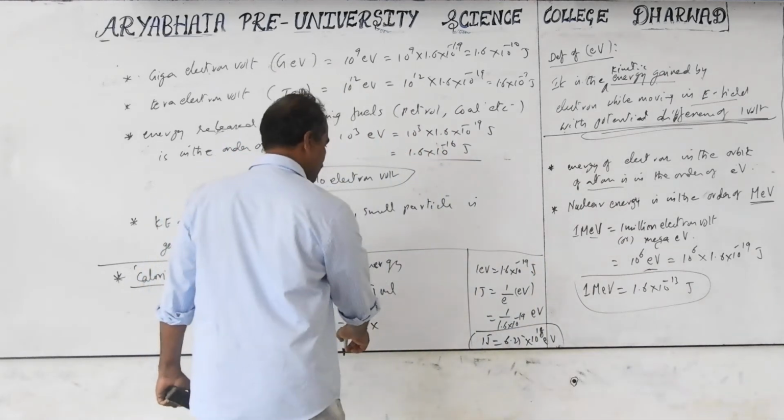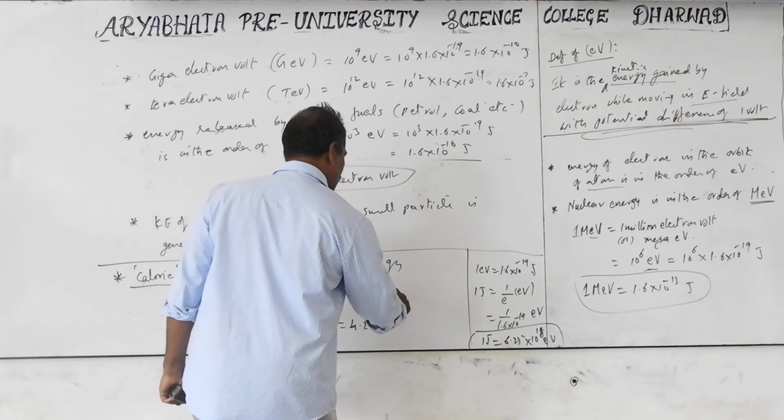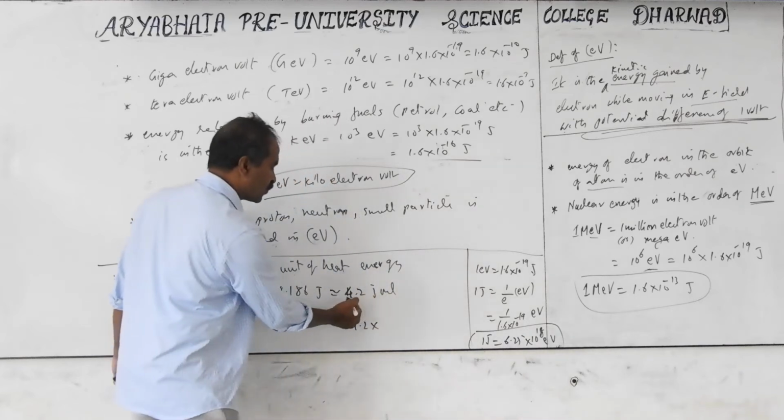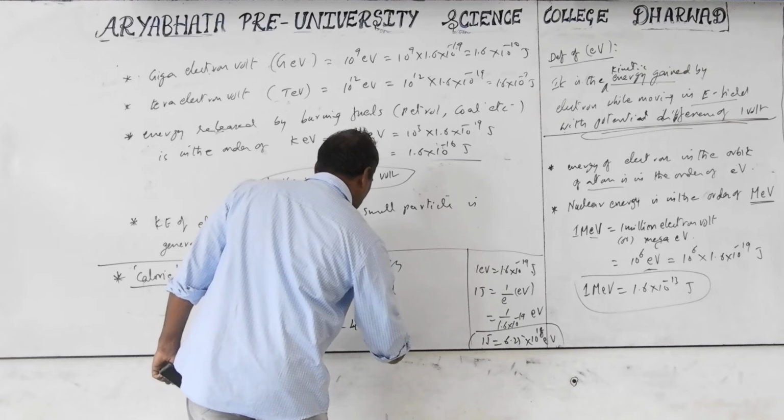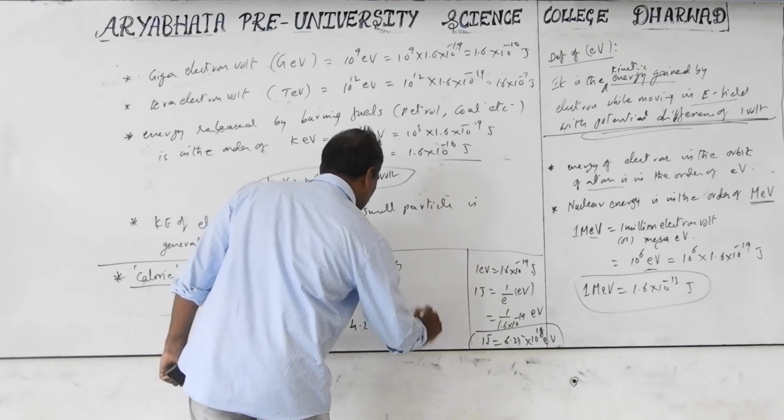So we'll get this done as 1.6 into 1 joule. 4.2 joules means 4.2 into 1 joule. 1 joule is how much? It is nothing but 1.6 into 10 to the power of minus 19 in terms of electron volts.